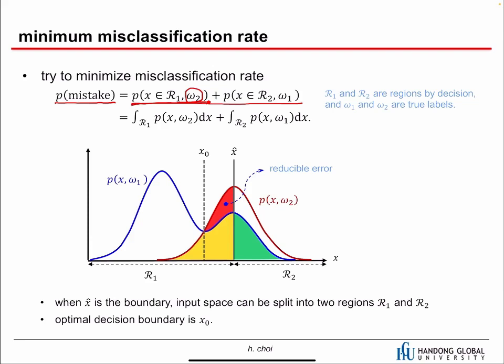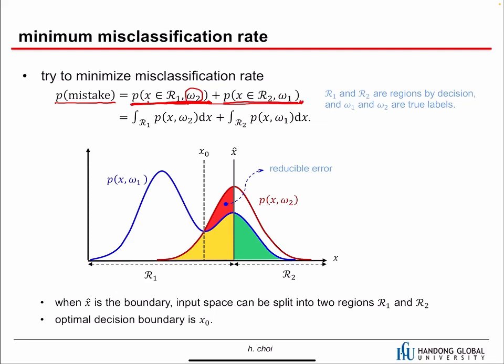So this one is a misclassification, right? When the true class is 2, if X falls into region 1, then this is a misclassification. And likewise, this one is also a misclassification.